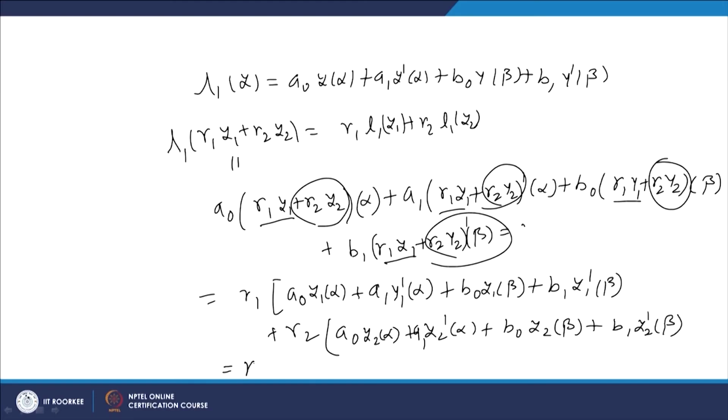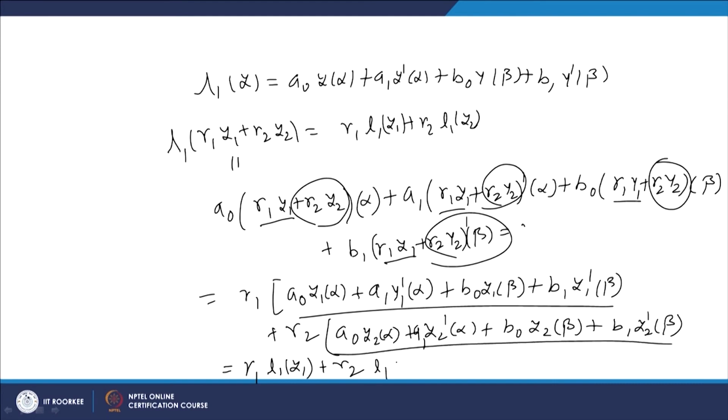So this is R1 times L1 in terms of y1, plus R2 times L1 of y2. So we have shown that L1 (R1 y1 + R2 y2) is equal to R1 L1 y1 + R2 L1 y2.